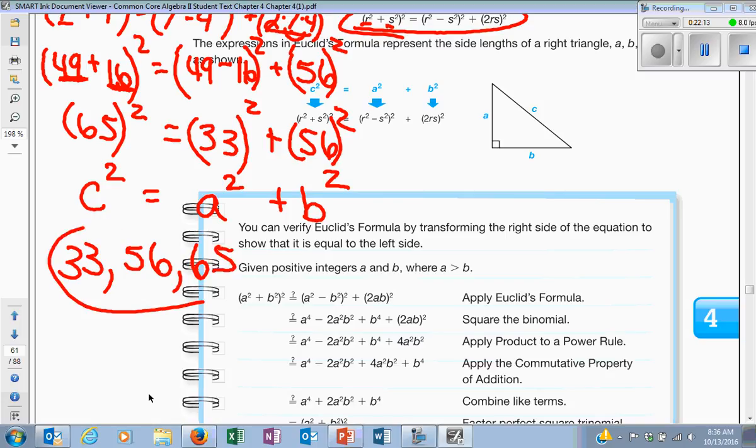That's my Pythagorean triple made by using 7 and 4. That's the answer they're looking for. They want the Pythagorean triple. Which means if you took 33 squared, added it to 56 squared, you're going to get the same thing as 65 squared. And we generated those numbers by using this formula. You with me?